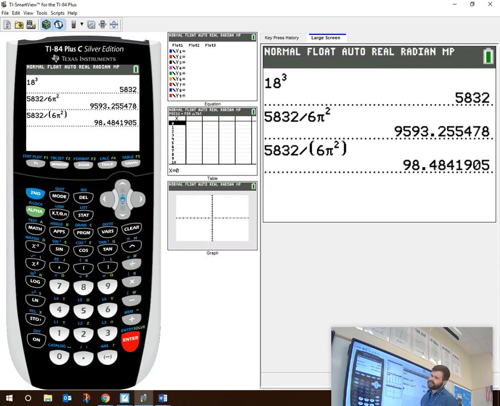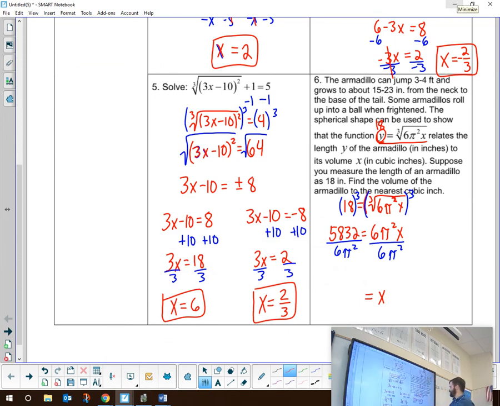That is a much more reasonable volume for an armadillo. Could you imagine an armadillo with that big of a volume? It'd be gigantic. Anyways, there's our answer, 98.48. So the nearest cubic inch is going to be 98 inches cubed. That's going to be our answer for the volume of that armadillo.